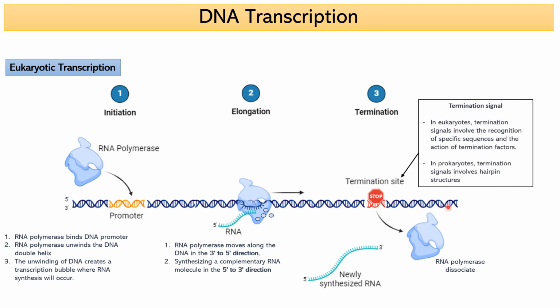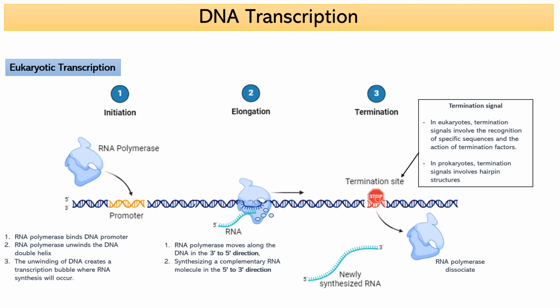This termination site, or sometimes called termination signal, is different in eukaryotes and prokaryotes. In eukaryotes, it involves the RNA polymerase recognizing specific sequences, and it also involves the action of specific termination factors.